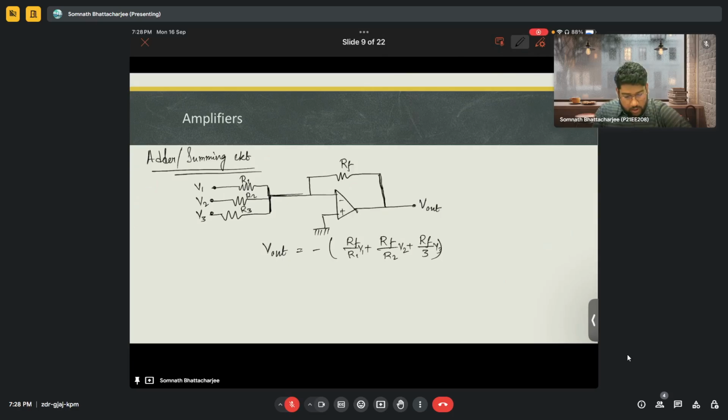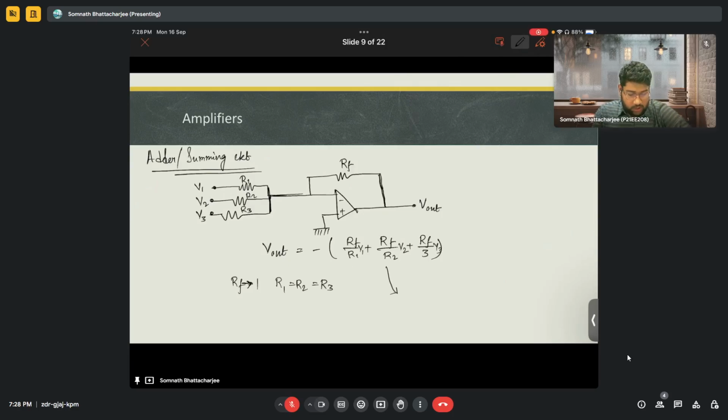Okay. So in this case, let's say RF is the same for all, and R1 equals R2 equals R3.